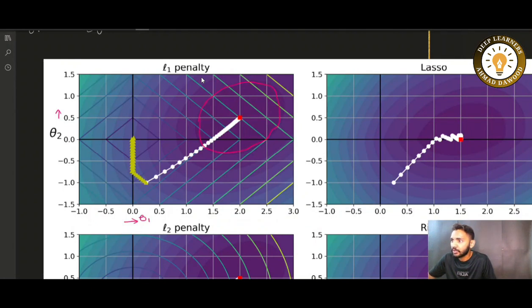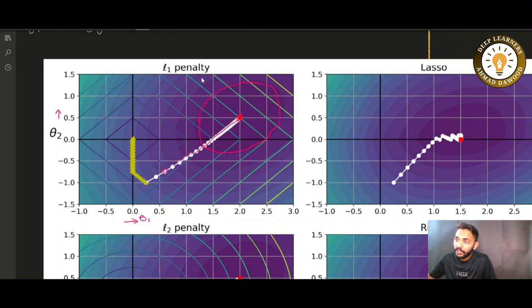These background contours are actually the mean square error, and the diamonds in the foreground are the penalty functions. Usually we have to minimize our mean square error. Our gradient descent algorithm works in this way, going in the direction of minimizing the mean square error.